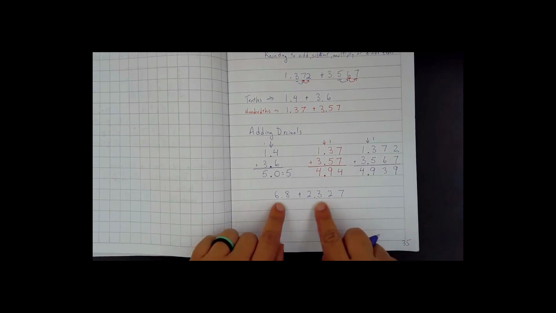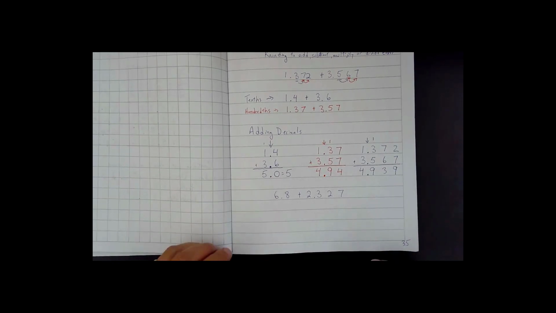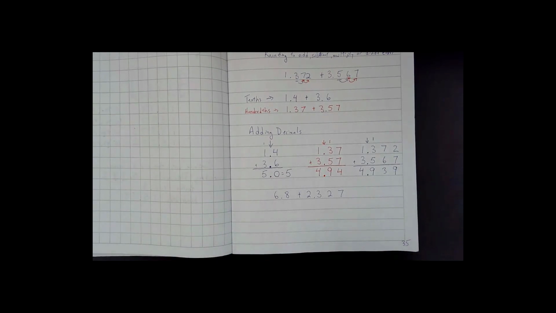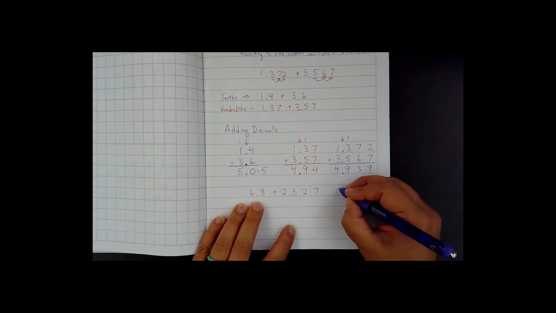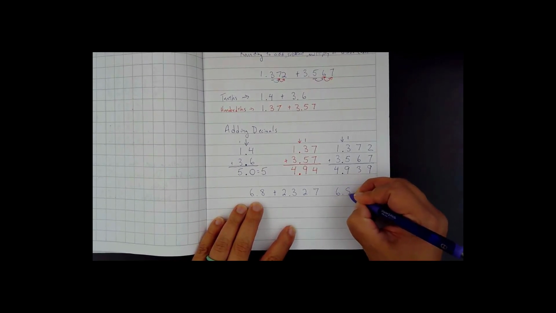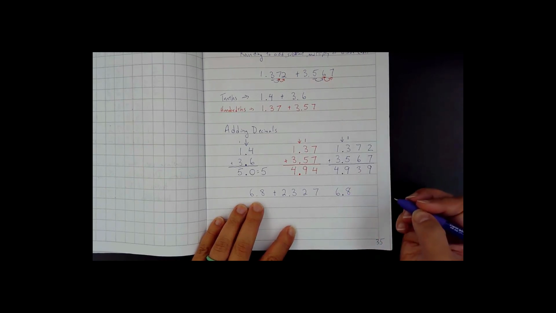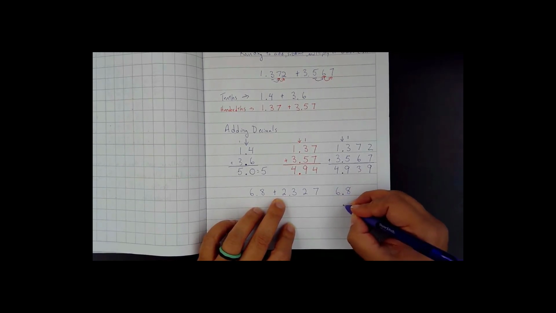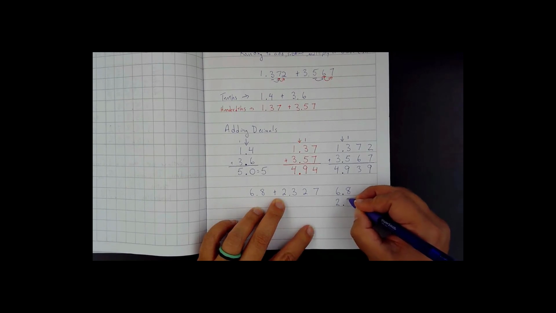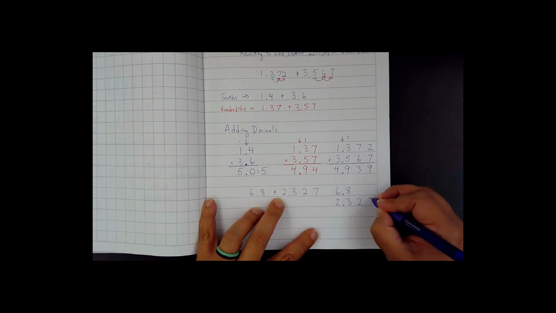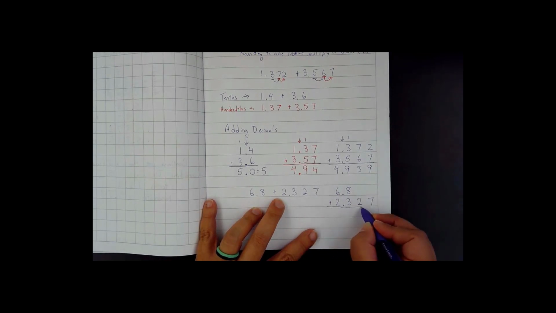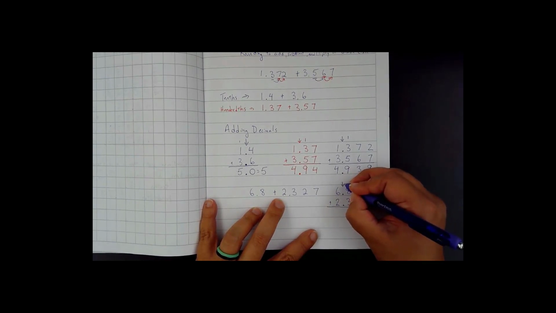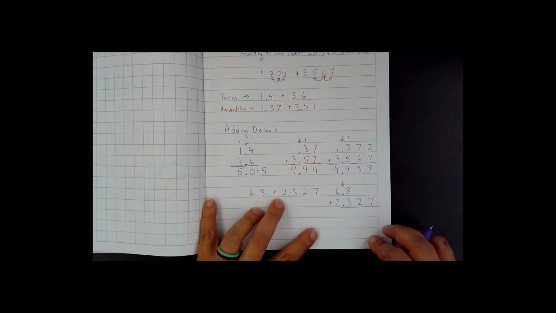So now I have numbers that are different lengths, but I need to line them up at the decimal point. That is how I'm going to know that I'm adding these correctly. So when I'm adding up, I'm always making sure that I'm lining up my decimal points.